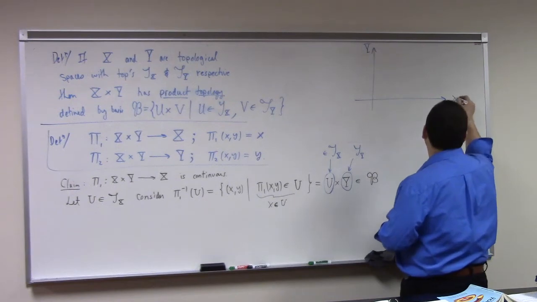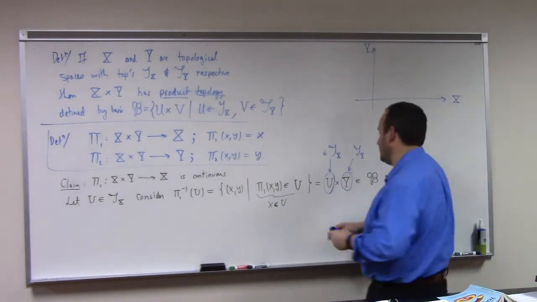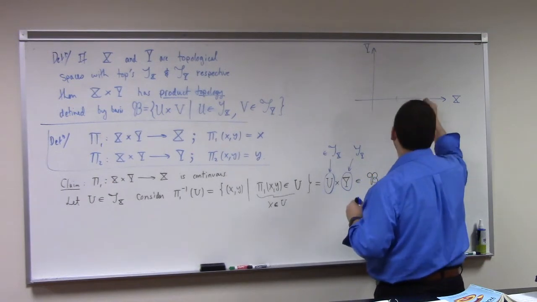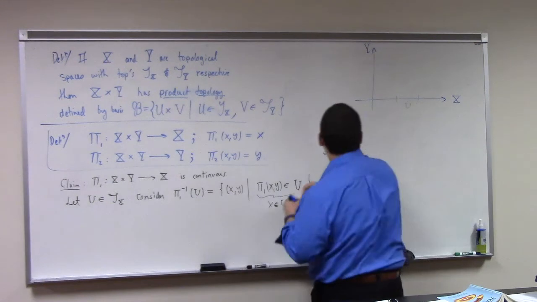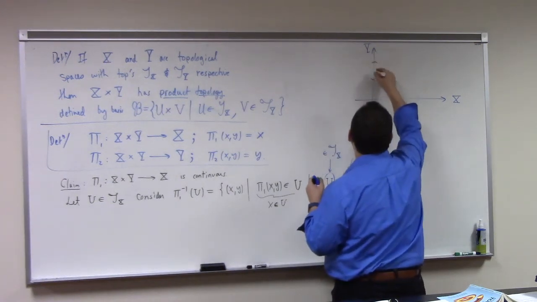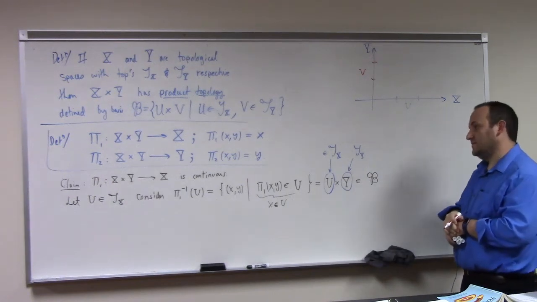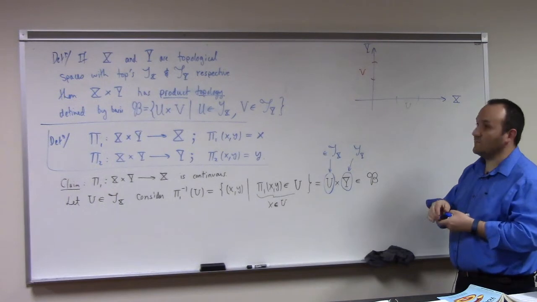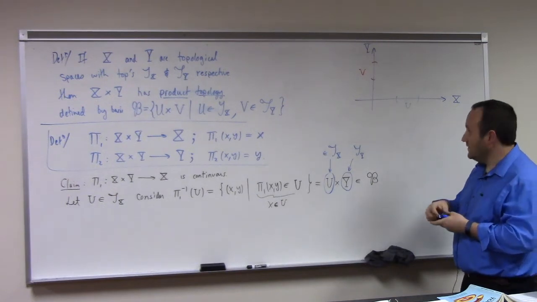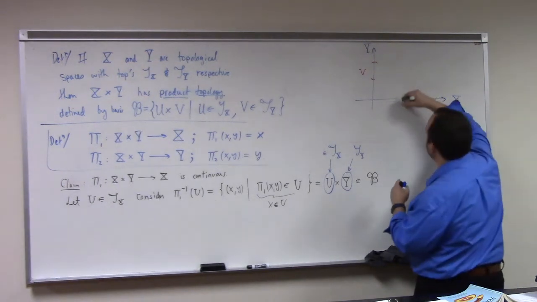This is the X space, and you could make a formal picture of this being U and this being V. If you look at pi 1 inverse of U, you've got U cross Y. What is that in this picture? U cross Y is a vertical strip, like this.